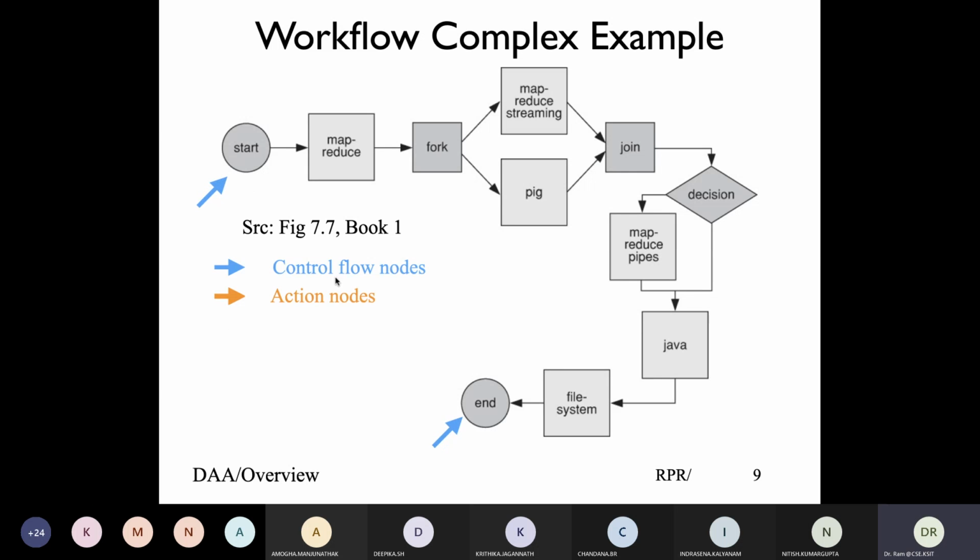Then we have the action nodes. Action nodes are where the actual job is done. Now in this diagram, which are the blocks where we are doing actual Hadoop processing? Anyone like to comment? In this diagram, which are the blocks where actual Hadoop processing is being done?